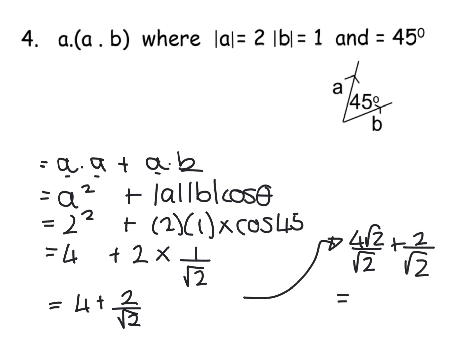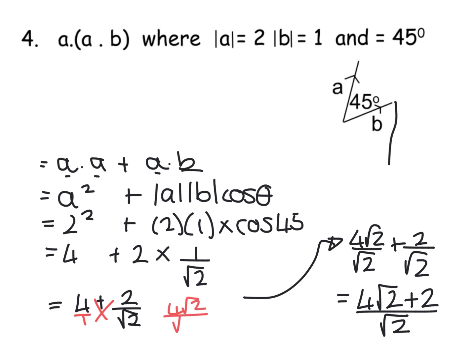And you could combine it into one fraction and say 4 root 2 plus 2 all over root 2. Like that. So that would be that one. If you didn't follow what I just did there, remember you can also do a wee bit of smile and kiss. So at this point, you could have treated this as 4 over 1 and done smile and kiss and got 4 root 2 plus 2 all over root 2 as well. Okay, sometimes I do different ways of doing fractions and it depends what you've been shown.